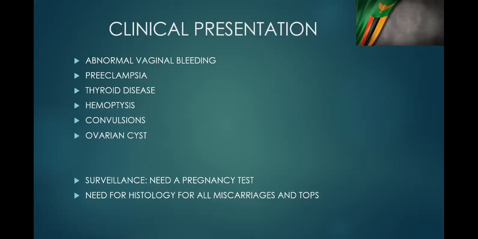This is in an effort to have surveillance for molar pregnancy, because when you have gestational trophoblastic disease, this is an easily curable condition, so you don't want to miss it, because 99% of patients who have these conditions get cured. So there's surveillance that is needed so that you don't miss this patient.